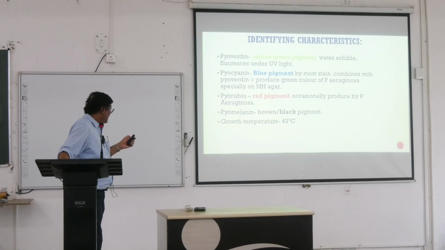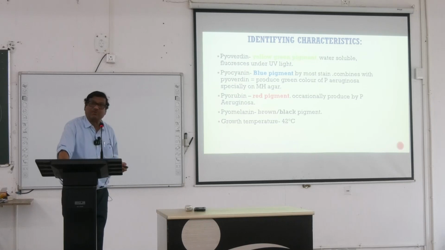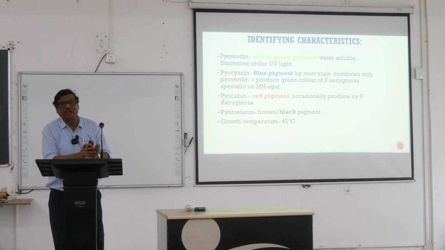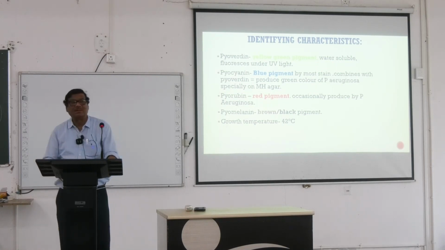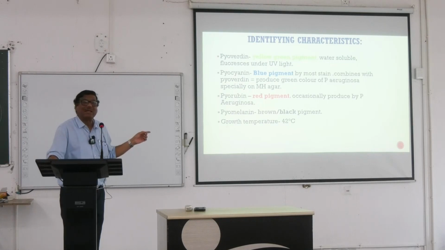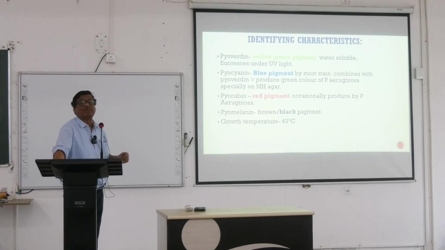The pyorubin is a red pigment, occasionally produced by Pseudomonas aeruginosa, and pyomelanin. The growth temperature is another important clue, 42 degrees centigrade, by which you can differentiate the Pseudomonas group from other groups, because Pseudomonas can withstand 42 degrees centigrade and can grow at this particular temperature.